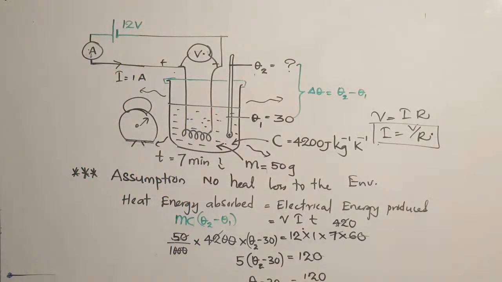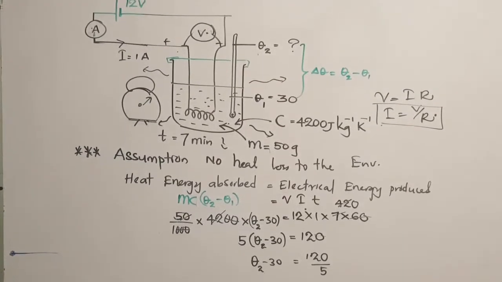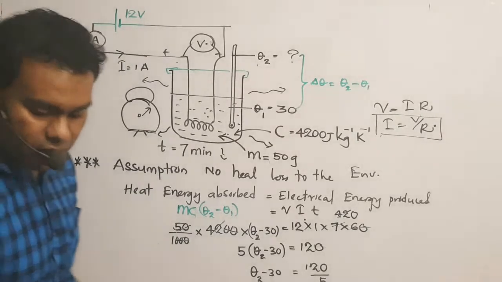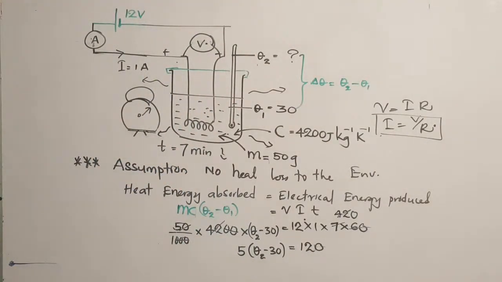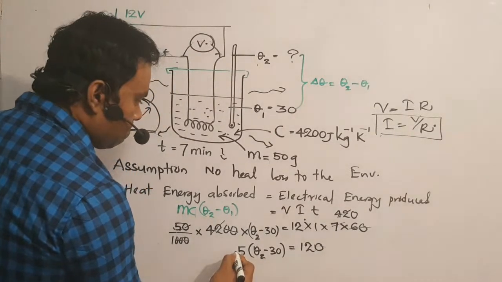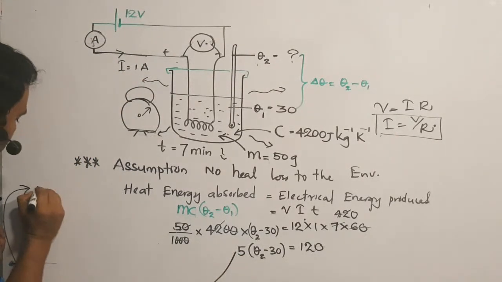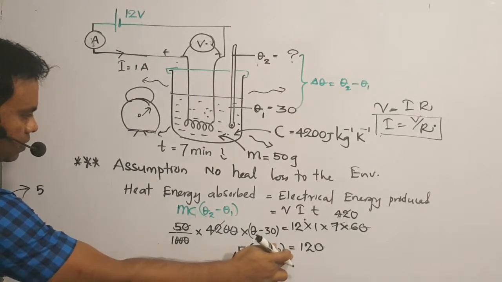It's not visible, so let's work that part above. We have to take that part. I'll take the rest of the things here. So 5 times theta 2 subtraction 30 equals 120.